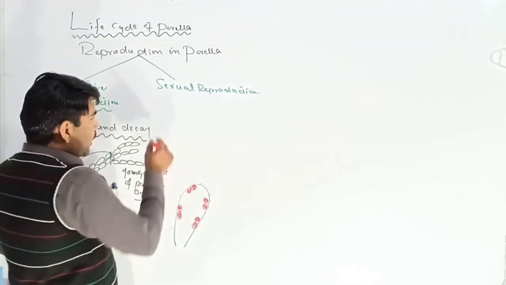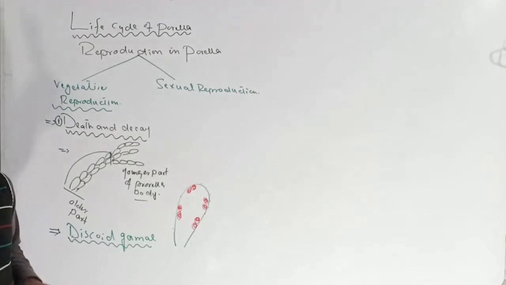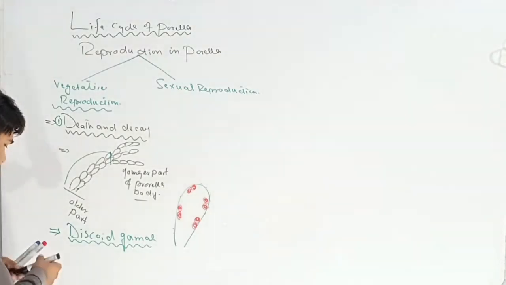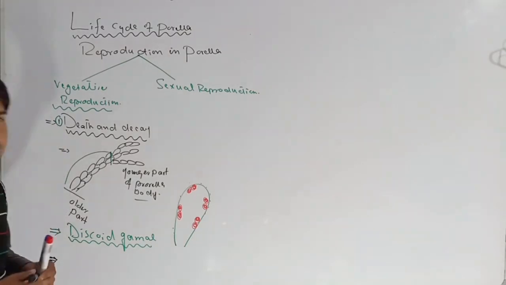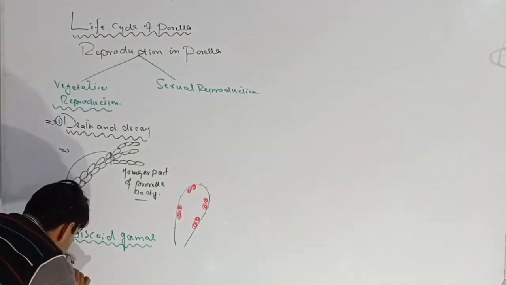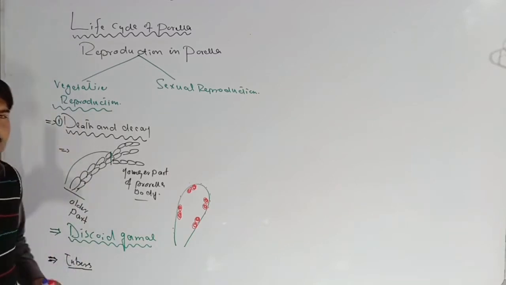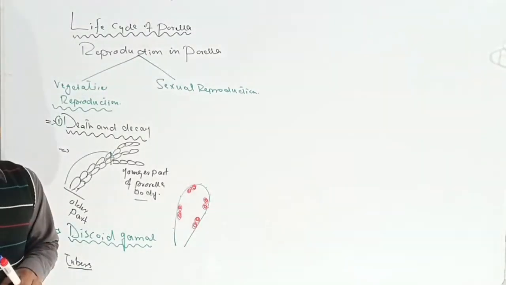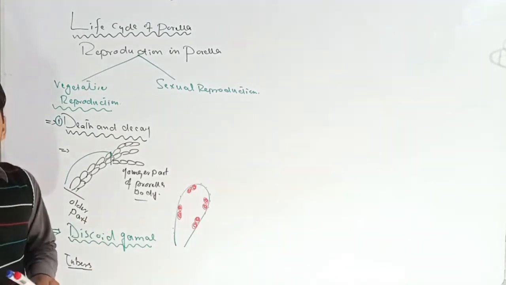Now we are going to discuss the third method, which is known as tubers. It means the vegetative reproduction also takes place through the tuber. So what are tubers?